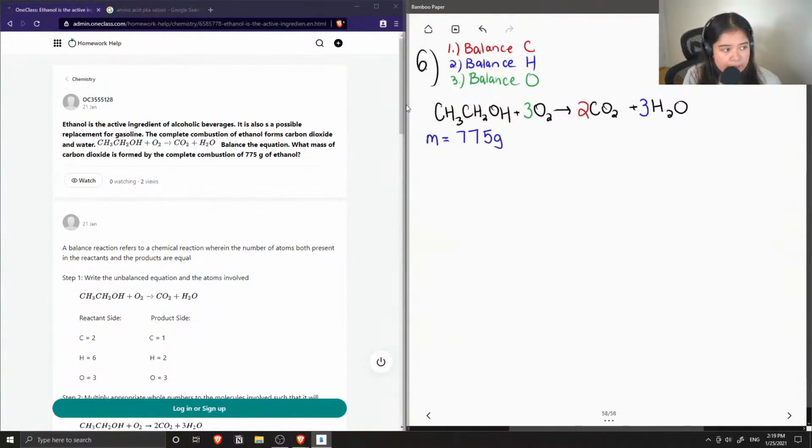We also need to calculate the molar mass of ethanol. I'm going to denote ethanol as EtOH, and its molar mass is equal to 2 times the molar mass of carbon plus 6 times the molar mass of hydrogen plus the molar mass of oxygen.